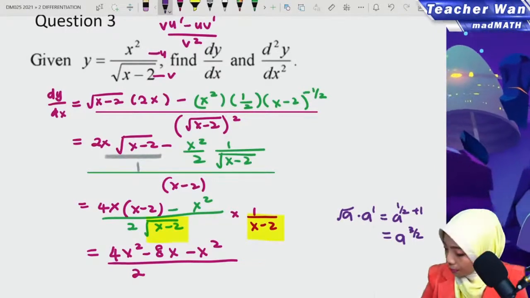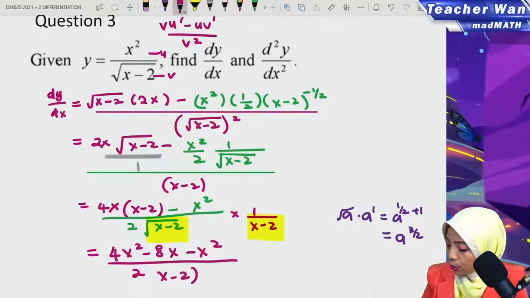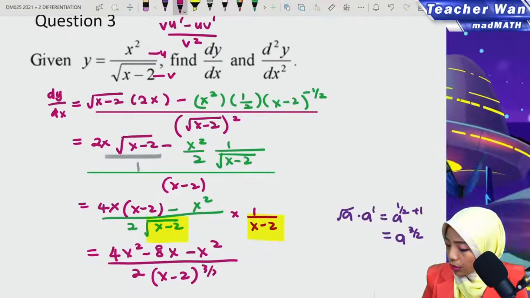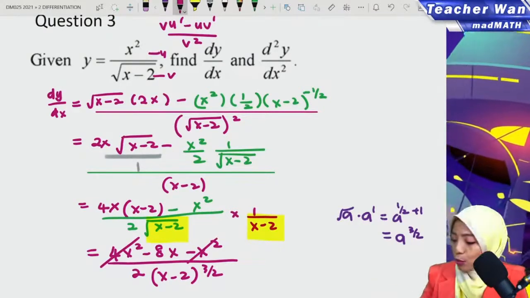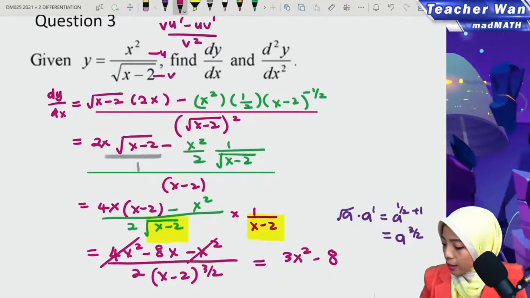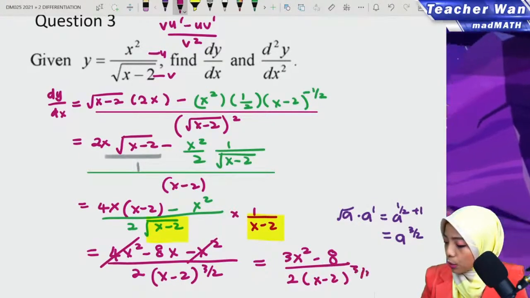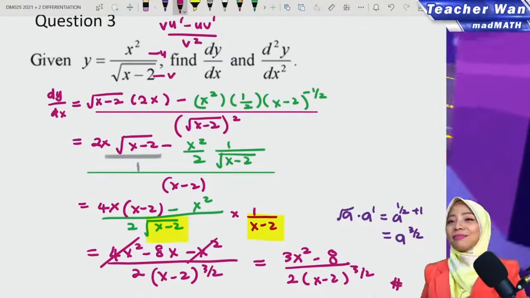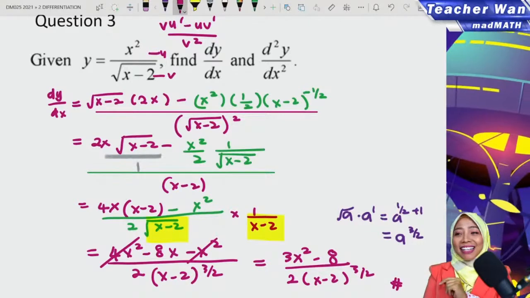So what I'm going to do here is x minus 2 to the power of 3 over 2. And now, 4x squared minus x squared. So this is 3x squared minus 8 over 2 times x minus 2 to the power of 3 over 2. Okay, that's our final answer.